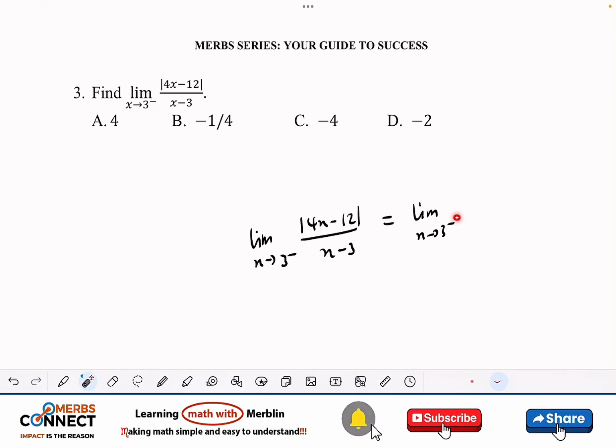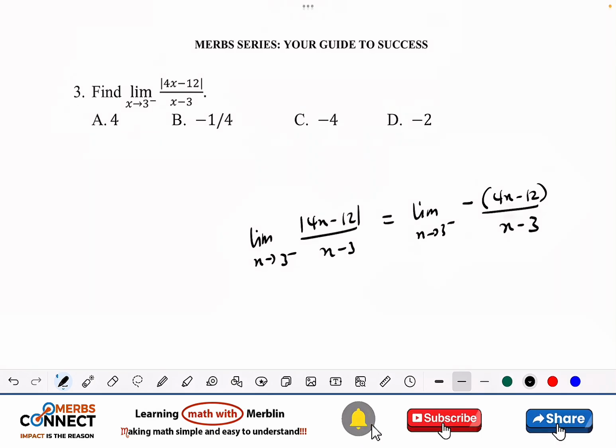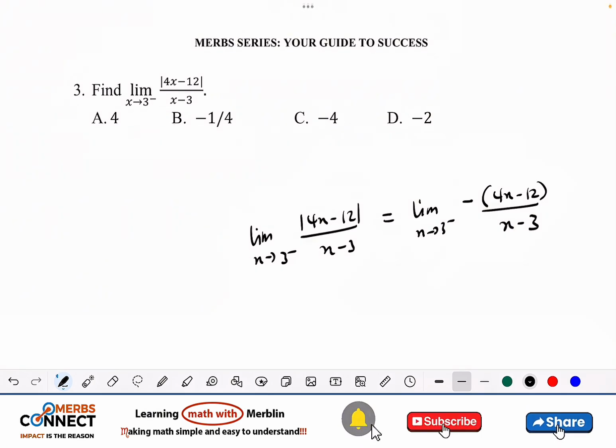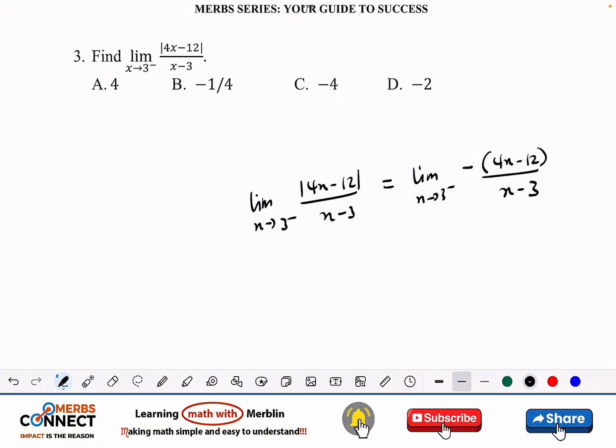Since this is negative, I'm going to choose the negative side of the absolute sign. So negative of the absolute, so the negative of 4x minus 12 divided by x minus 3. Now somebody is asking, what if it is positive? Then you choose the positive side. So this is what I'm going to get without building the piecewise function. It will save me time solving this.